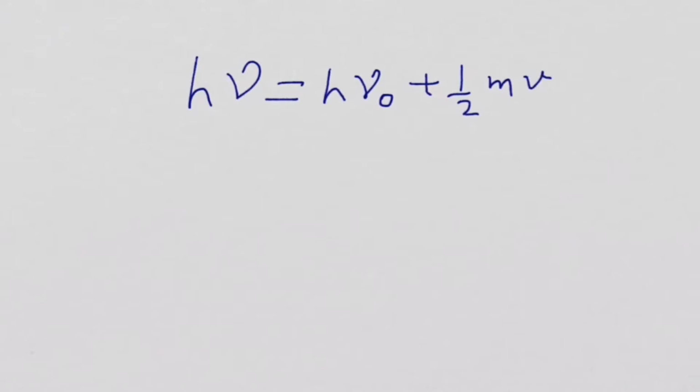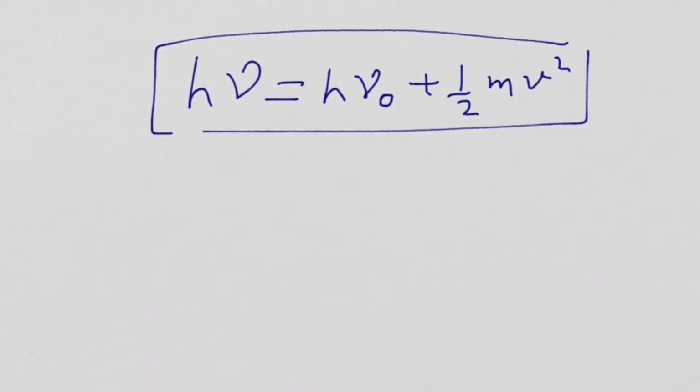See the theory part. The incident photon interacts with a single electron and loses its energy in two parts: first in releasing the electron, called work function, and second to increase the kinetic energy of the moving electron. So this way the incident energy is utilized.